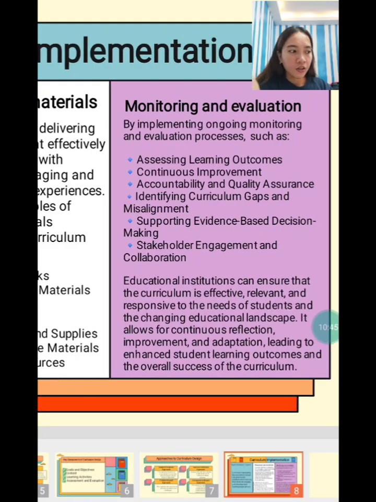Next is the monitoring and evaluation. By implementing ongoing monitoring and evaluation processes such as assessing learning outcomes, continuous improvement, accountability and quality assurance, identifying curriculum gaps and misalignment, supporting evidence-based decision making, stakeholder engagement and collaboration, educational institutions can ensure that the curriculum is effective, relevant and responsive to the needs of students and the changing educational landscape.